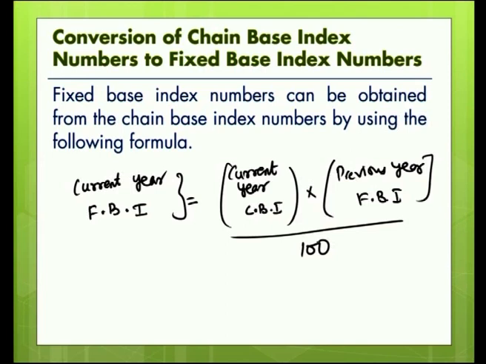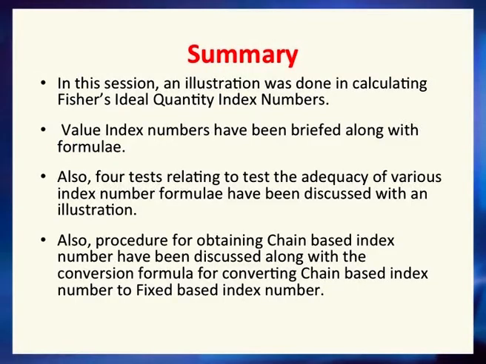This gives you the current year fixed base index number using the current year chain based index numbers. In this session, we discussed value index numbers and chain based index numbers. Also, the problem was worked out comparing the computation of price and quantity index numbers by Fisher's method and Laspeyres and Paasche methods. So that when we compare, how the roles of P and Q are reversed was shown by the comparison in computing price and quantity index numbers.